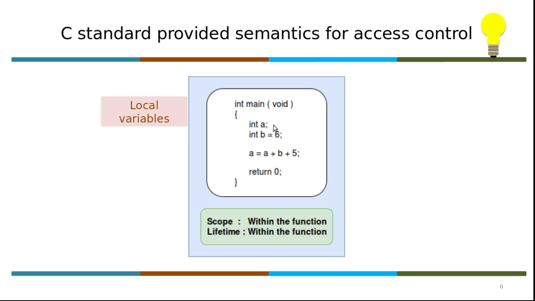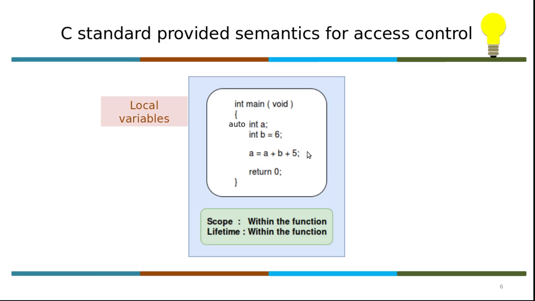Also, there is a specifier provided by C semantics called auto. It's not required to specify auto. Without this, the positioning within the function itself is enough for the compiler to construe that the data defined here can only be accessed by this code.